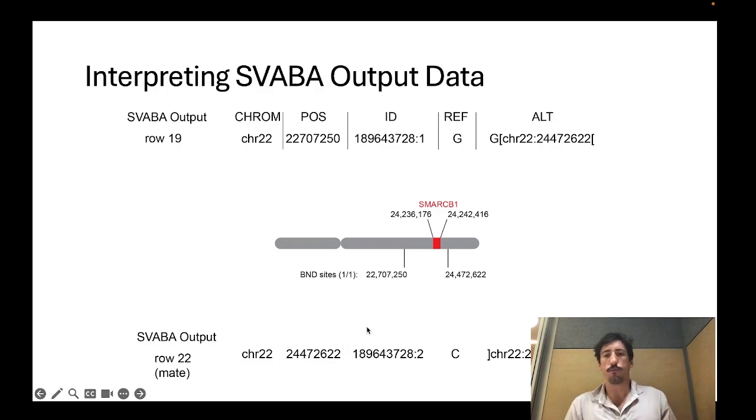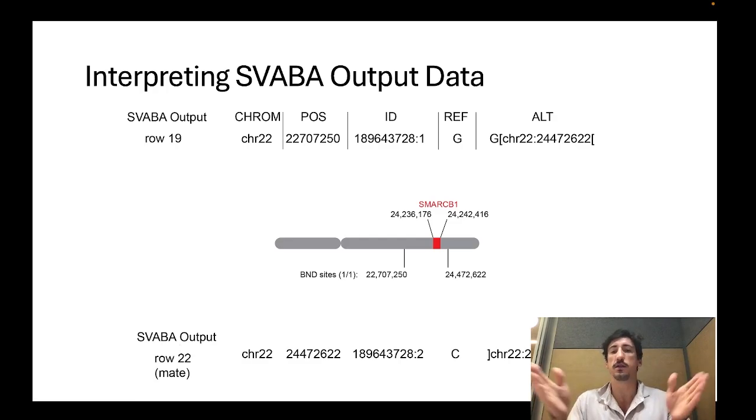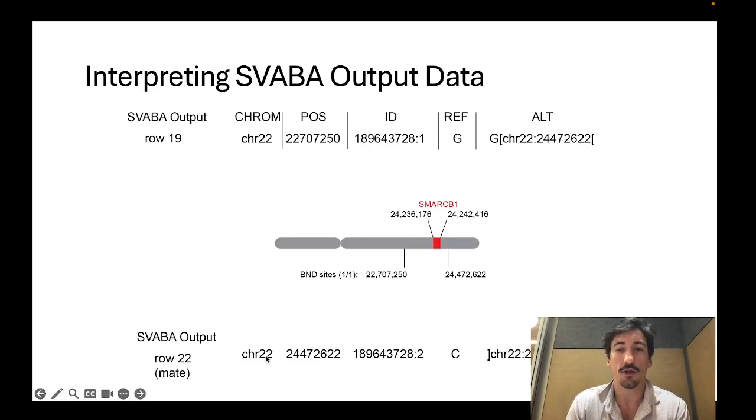So this row is showing that this break end event is occurring, and then by nature you're going to have two break ends if you're having some weird event occurring. This other line is just showing the break end event that is occurring here. The reason these brackets are pointing this way is because this break end is pointed in this direction.